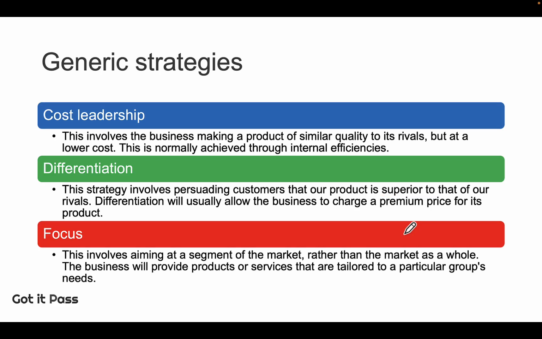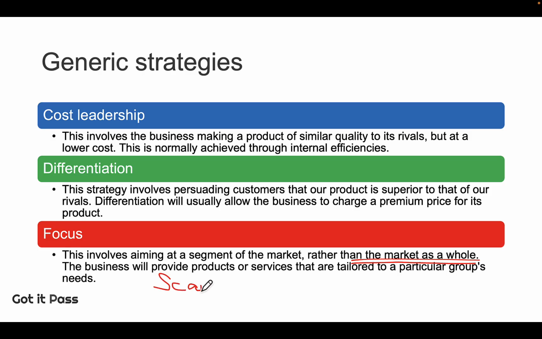And the third generic strategy here is focus. This involves aiming at a segment of the market rather than the market as a whole. So it just focuses on a particular segment. The business will provide products or services that are tailored to a particular group's needs. One example, say, is Scania.